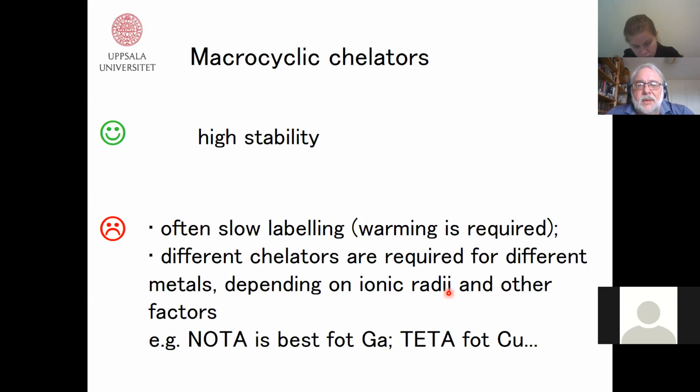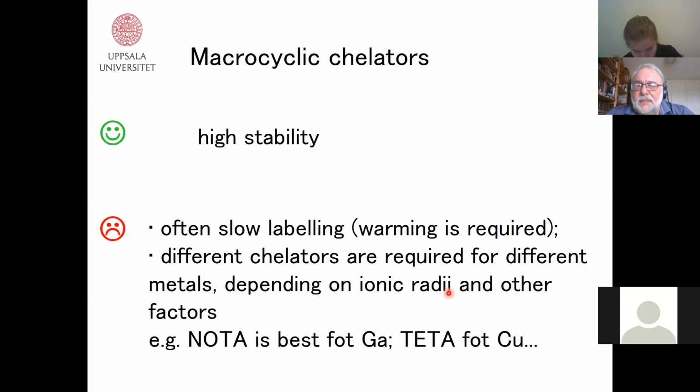And this is quick. But then the carboxy groups have to be dragged into the central cavity. And this requires also some rearrangement of the central cavity, so it's an energy-driven process and it's slow.